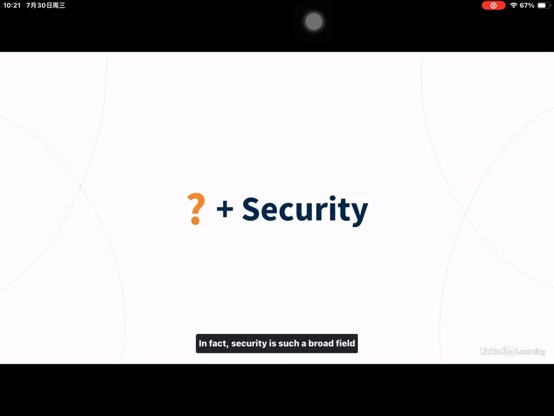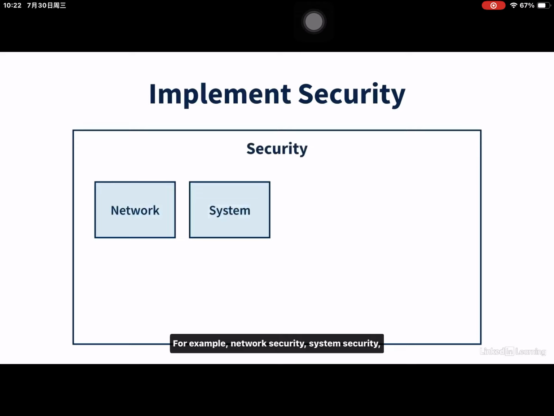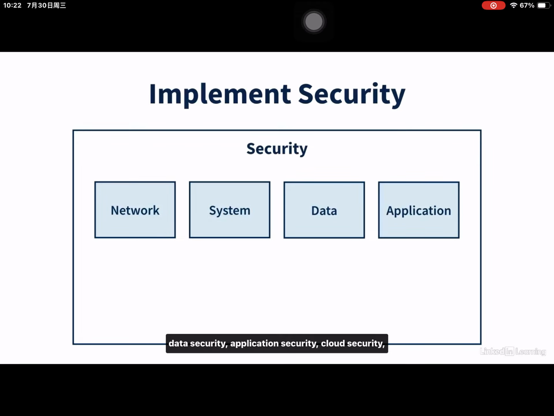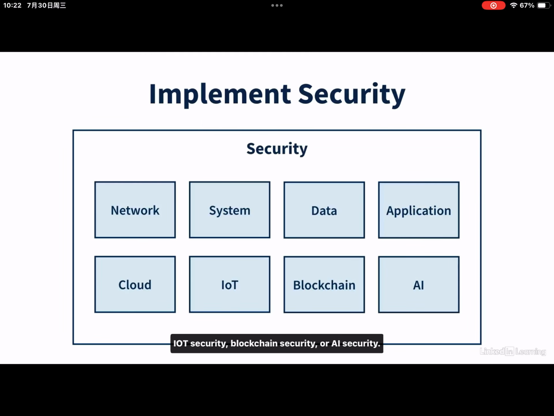In fact, security is such a broad field that you can add the word security after almost anything. For example, network security, system security, data security, application security, cloud security, IoT security, blockchain security, or AI security.